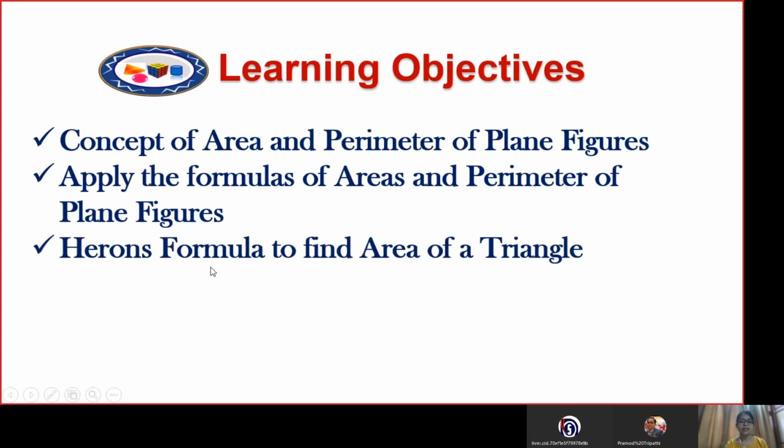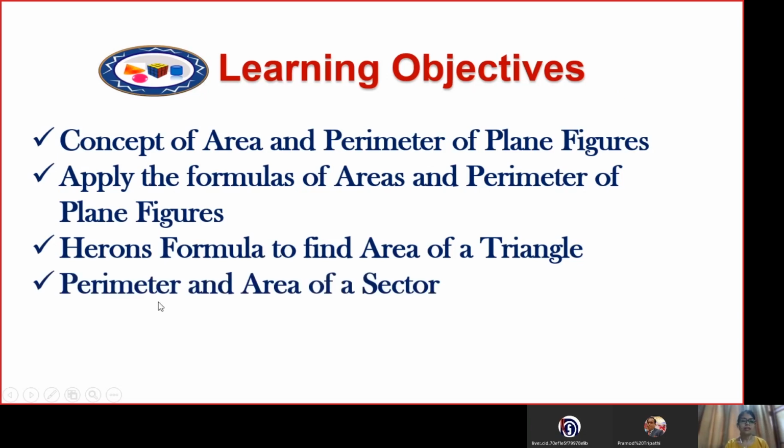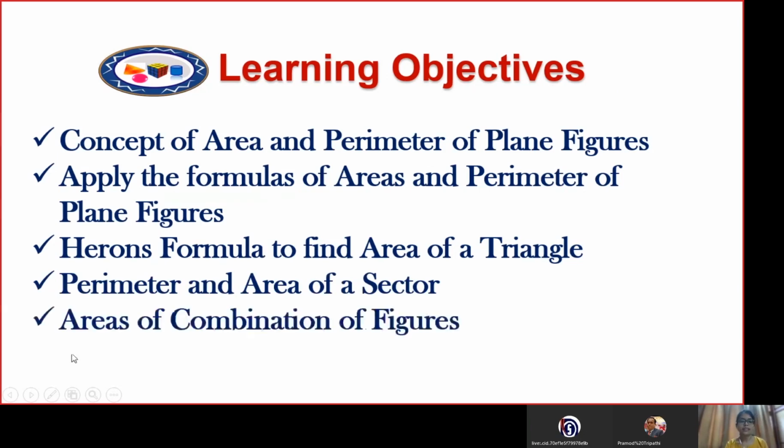Then we will understand Heron's formula. It's a new formula to calculate the area of a triangle. Then we will move on and calculate the perimeter and area of a sector. Lastly, we will be dealing with areas of combination of figures.